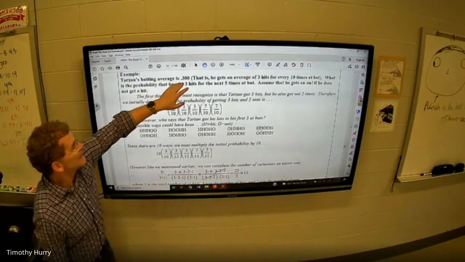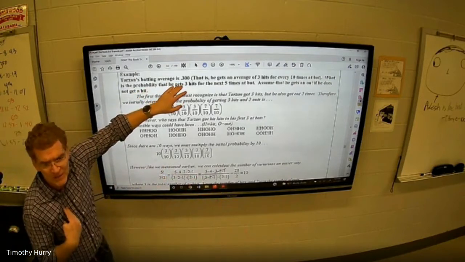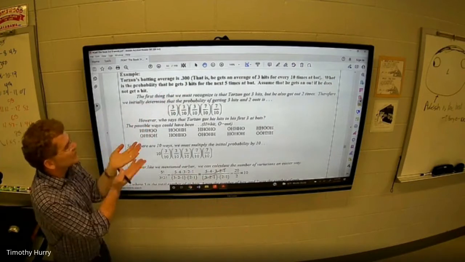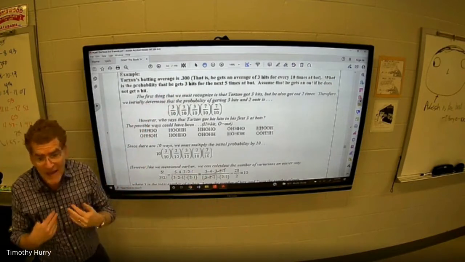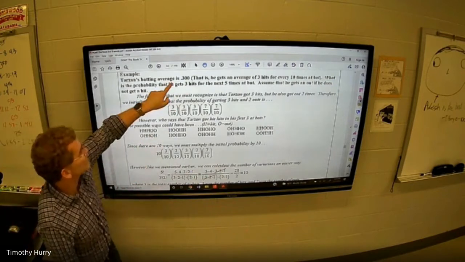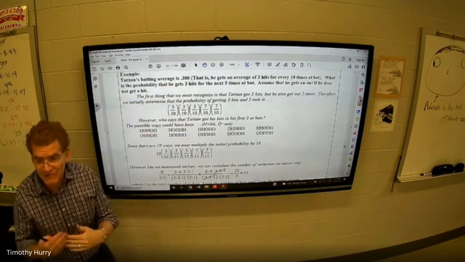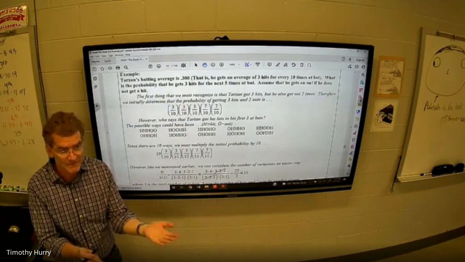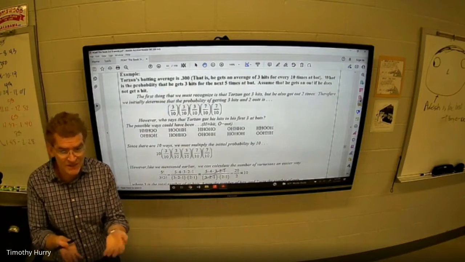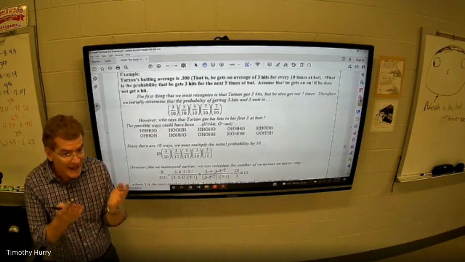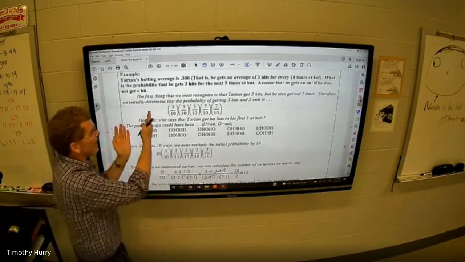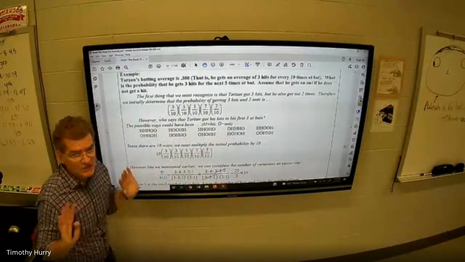But if he gets an extra hit, I don't know the numbers about Tarzan to know how it's going to change. So I have to assume that he's a 0.3 hit, 0.7 not hit, and I have to treat it independently. So if it's an independent situation, and I don't know enough to be able to know how it's changing, then I can't use combinations.